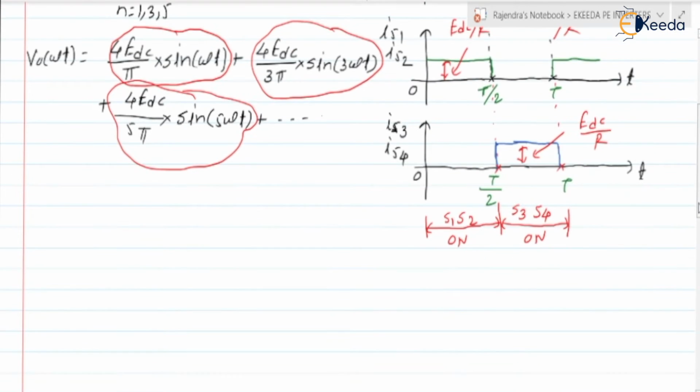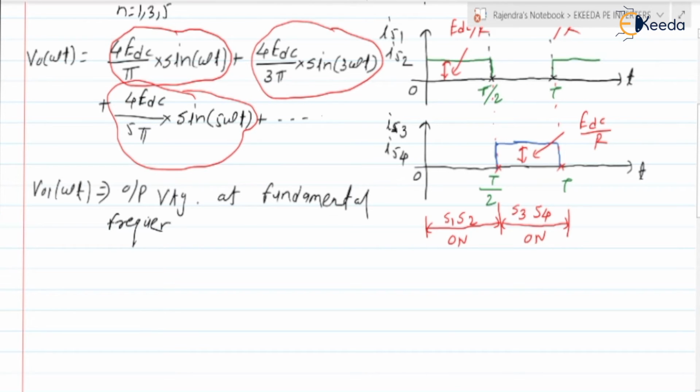So can we write v01 of omega t is nothing but the output voltage at fundamental frequency, also known as the fundamental output voltage, or fundamental component output voltage.